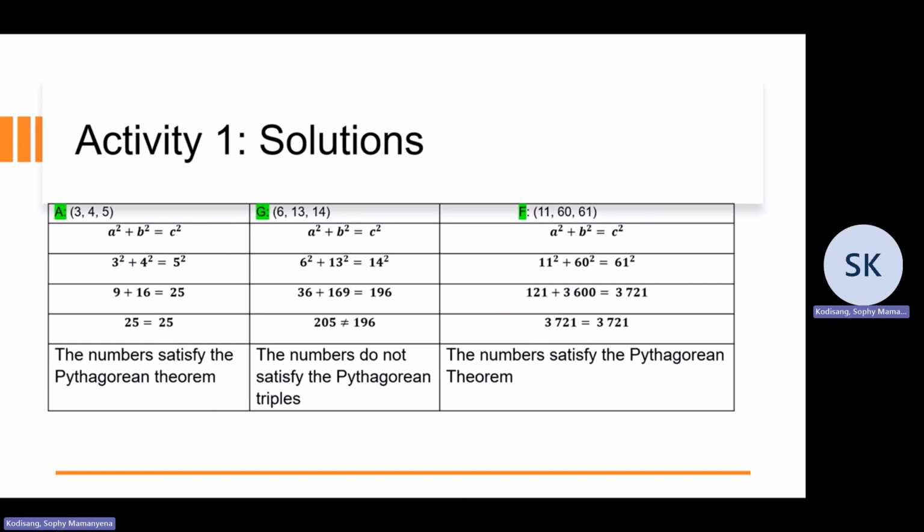So when we add the left hand side, we realize that the sum is 3,721. So we conclude that the numbers satisfy the Pythagorean theorem because the left hand side is equal to the right hand side.